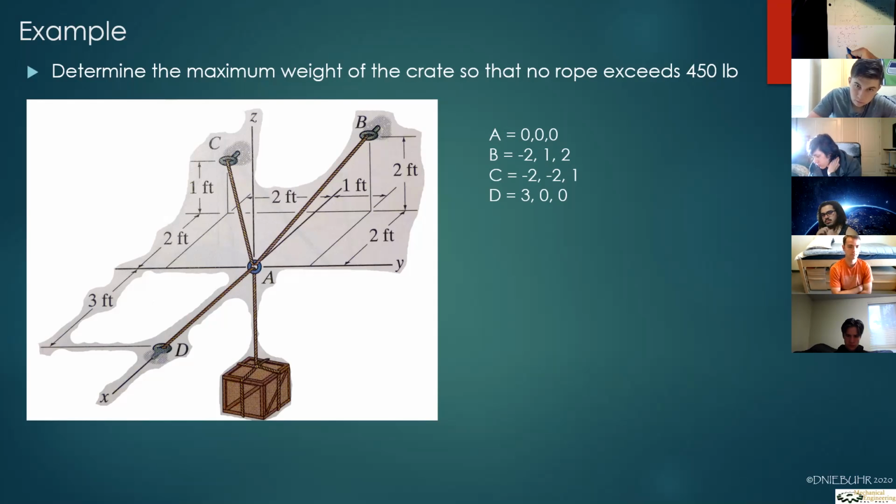And that's how you get our unit vector all the time. So subsequently, we know that lambda BA is equal to minus 2/3 I plus 1/3 J plus 2/3 K.